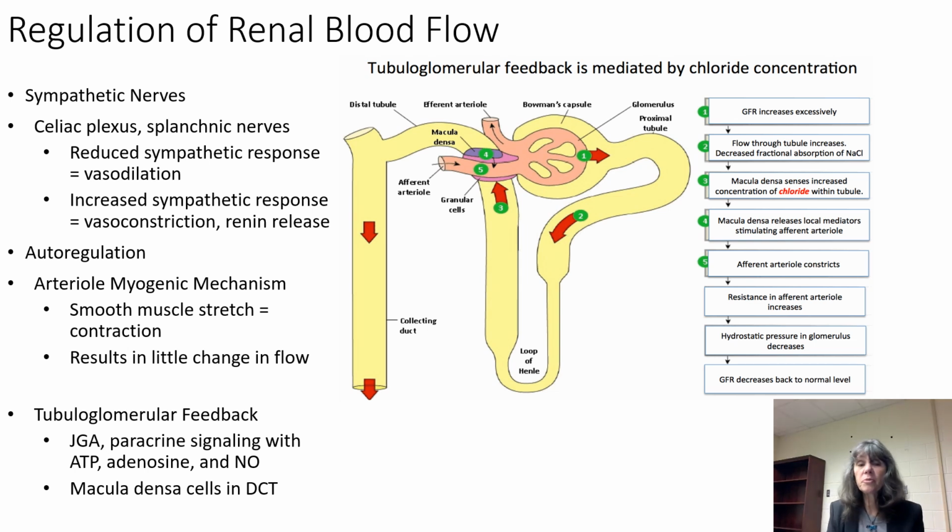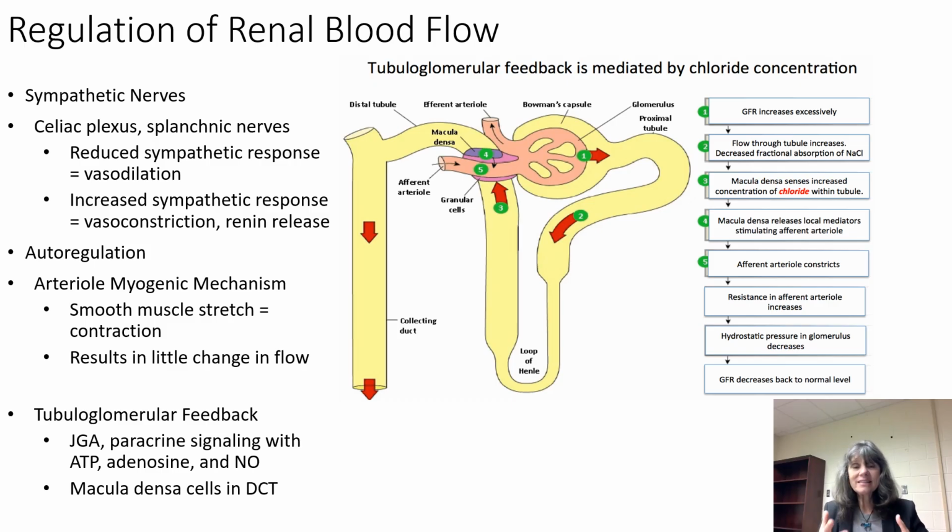In terms of tubuloglomerular feedback, which is the main type of regulating blood flow for autoregulation, remember we have the juxtaglomerular apparatus, sometimes called the juxtaglomerular complex, which includes the juxtaglomerular cells, also known as granular cells, and the macula densa cells and the distal convoluted tubules.